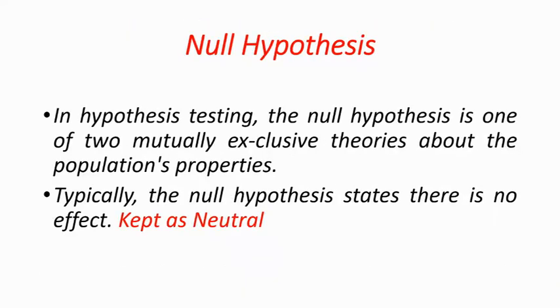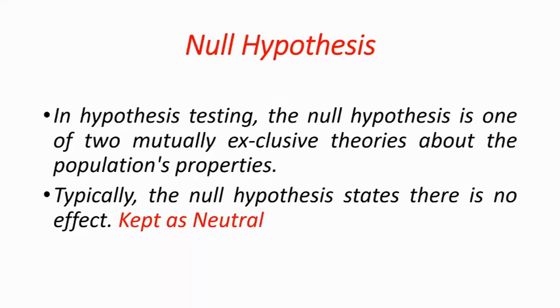I already told that in this testing of hypothesis paper, we are going to make a procedure to test two hypotheses. The first one we call the null hypothesis, and the other one we call the alternative hypothesis.